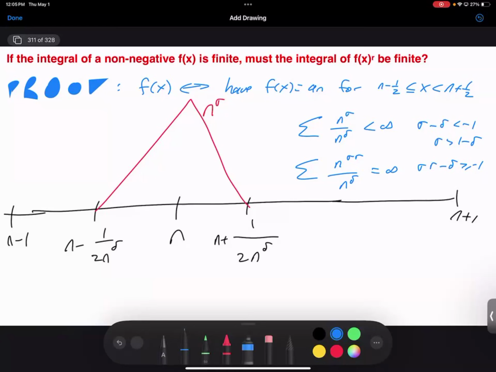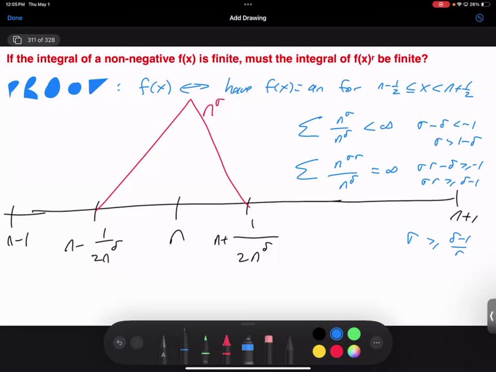So I would get sigma r is greater than or equal to delta minus 1. So I would need sigma to be greater than or equal to delta minus 1 over r.